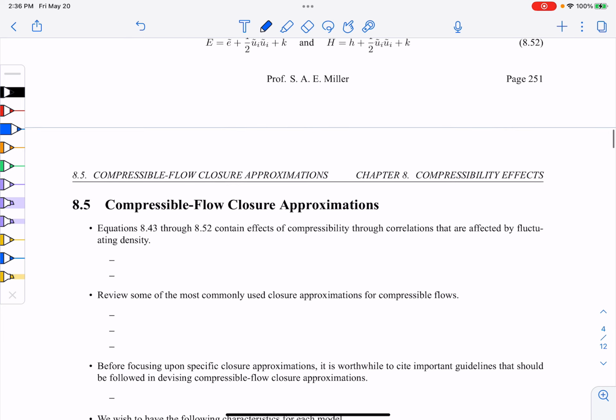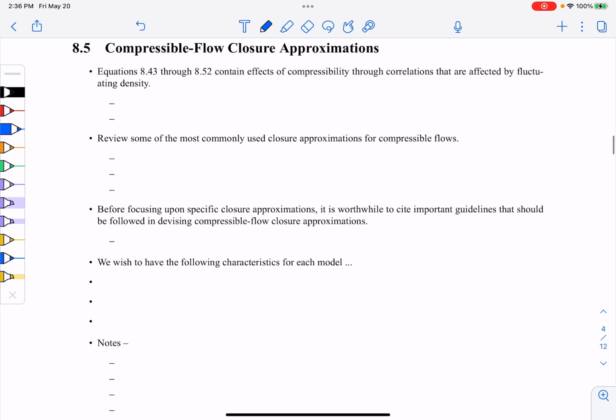Okay. So equations 843 to 852, which we just showed on the previous page, contain the effects of compressibility mainly through correlations that need to be modeled and closed with coefficients and auxiliary functions for how the density fluctuations alter the turbulent flow.